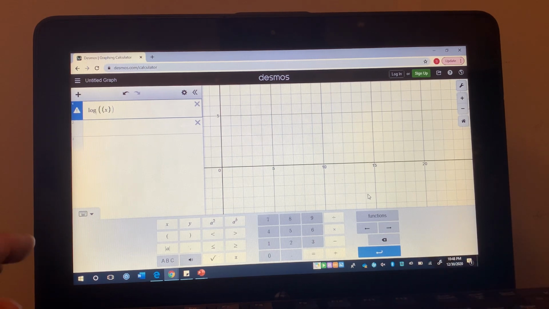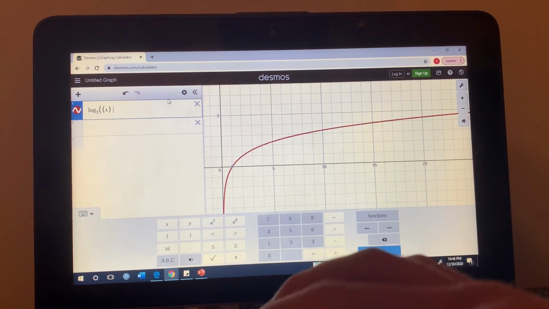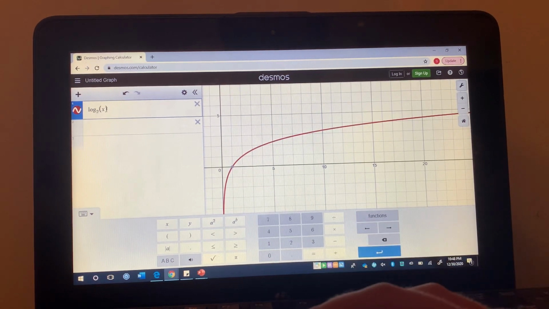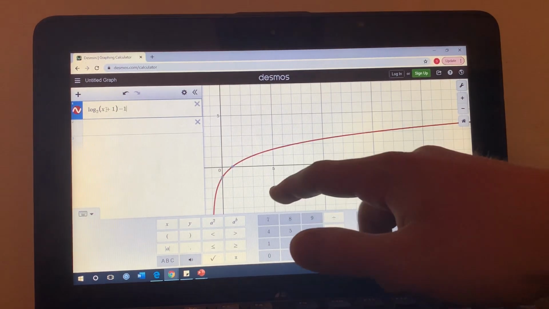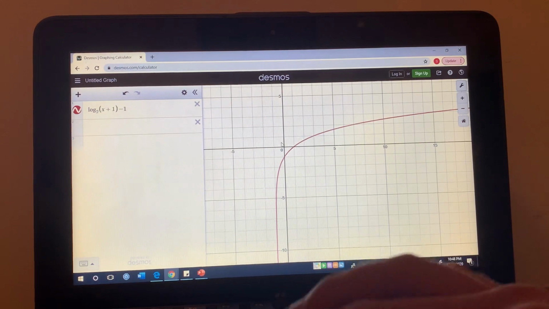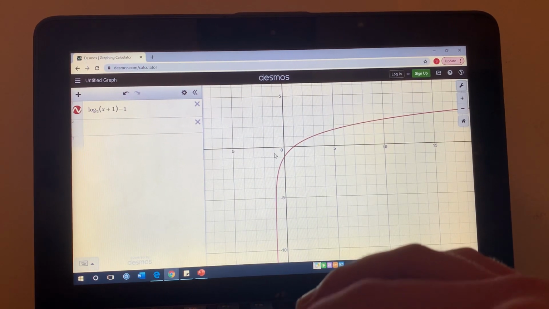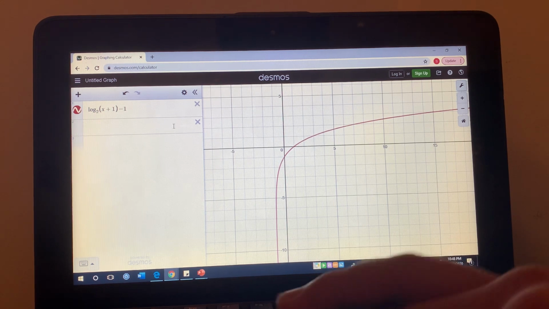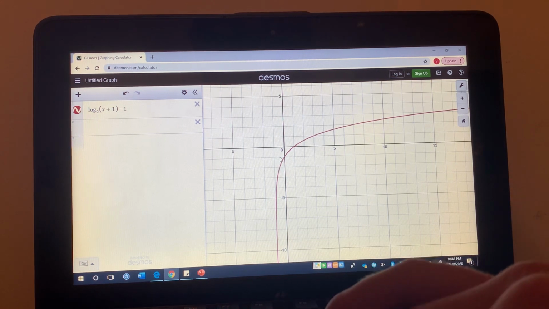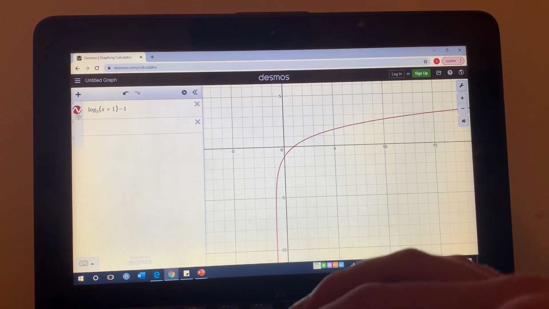Let's go log base 2 of x plus 1 minus 1. You guys know this: vertical asymptote at x equals negative 1, because minus minus is the same as plus. So we see it's 1 over 2.